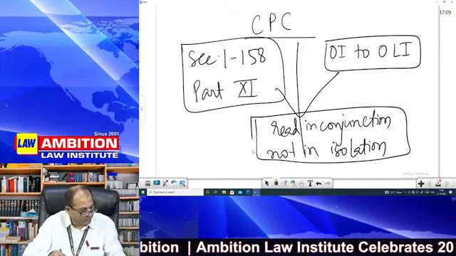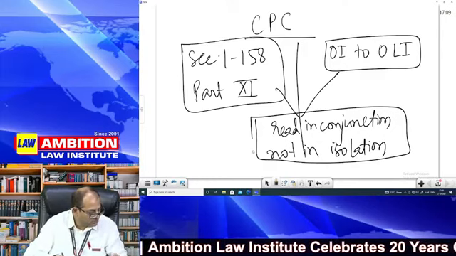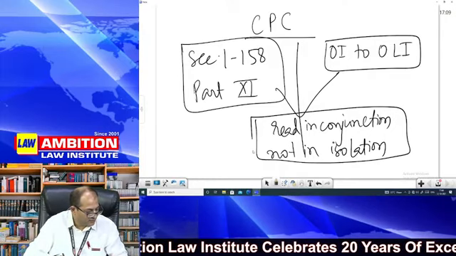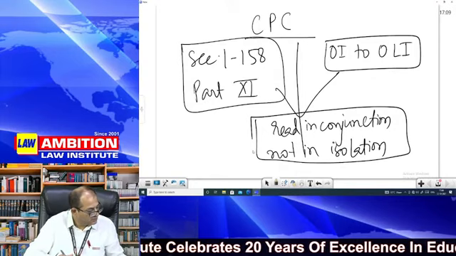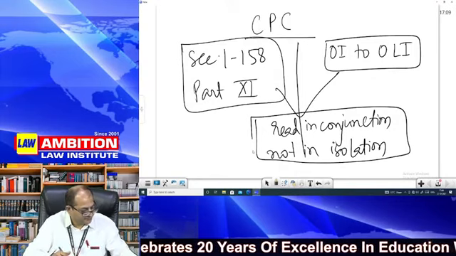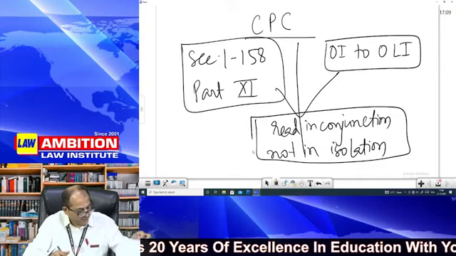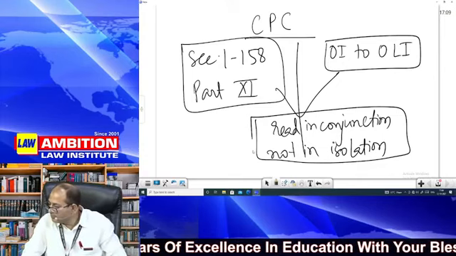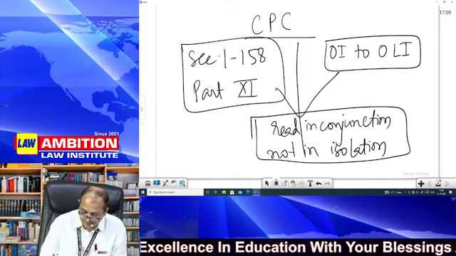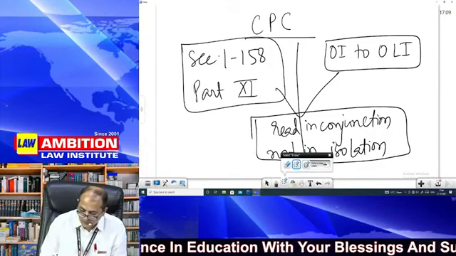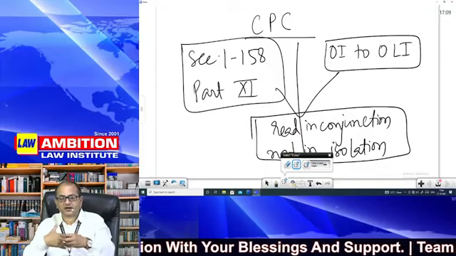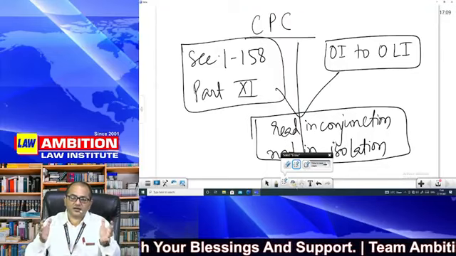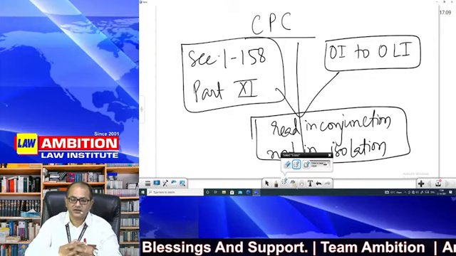I hope you remember how this suit process follows and how this journey takes place. I hope you remember all of them. So the first lesson was that never read sections and orders in isolation, rather read them in conjunction.